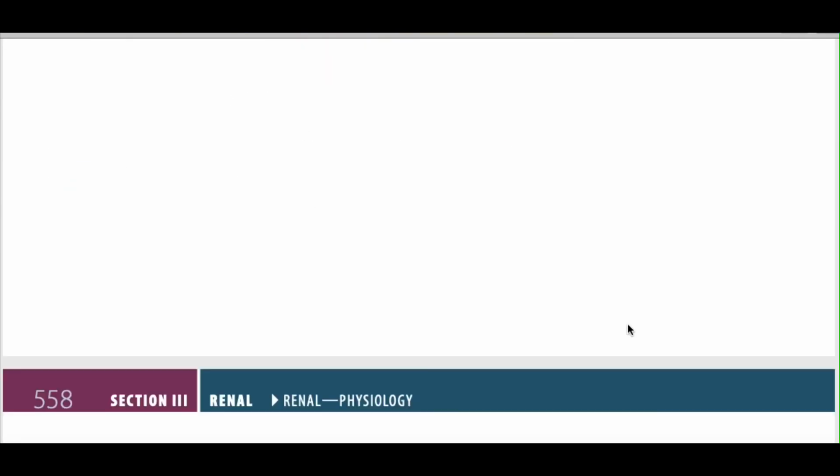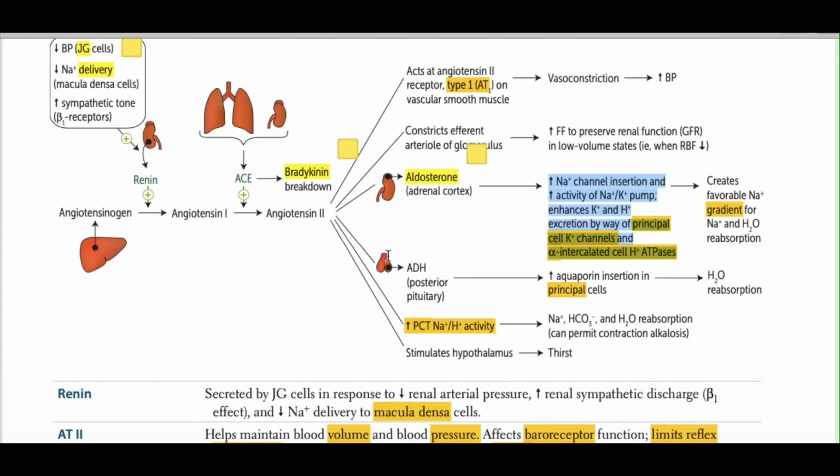So another place where angiotensin 2 works is the proximal convoluted tubule. Sodium hydrogen activity will be increased, so that will result in increased sodium, bicarbonate and water reabsorption. This can also permit contraction alkalosis.